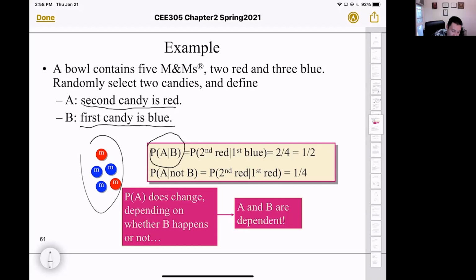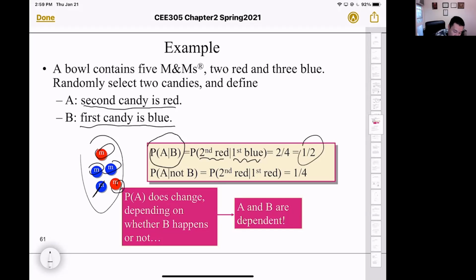Given B means given the first candy is blue. So after the first pick, the first candy is blue, then for the second pick we have two red and two blue. What is the probability that the second pick is red, given the first pick is blue? We have two red and two blue, so the chance we get red will be 2 over 4, that's 50%.